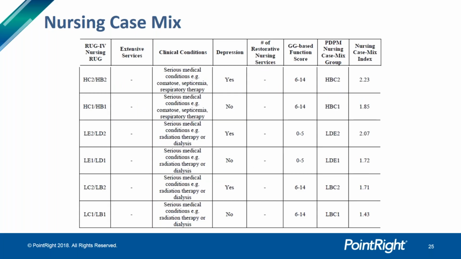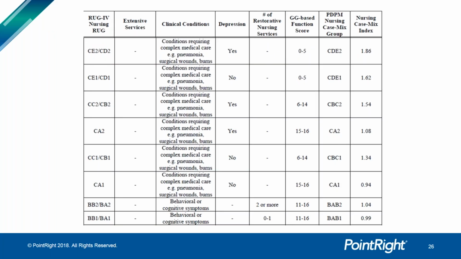So here again are some of these combinations. HC1, HB1, again, similar nursing time taken for those types of residents, combining them down into the HBC1. And this continues into the other nursing categories. Again, towards the bottom here, where we have behavioral cognition, is where we see restorative nursing coming into play.